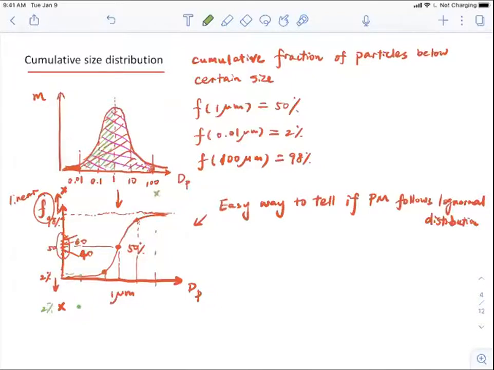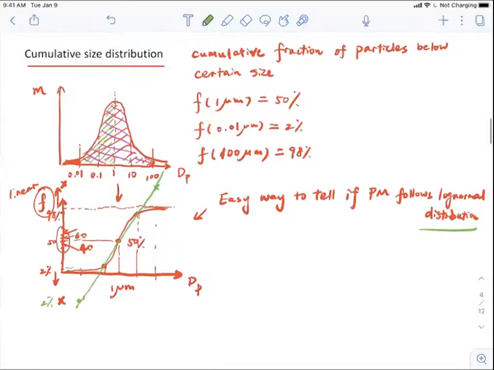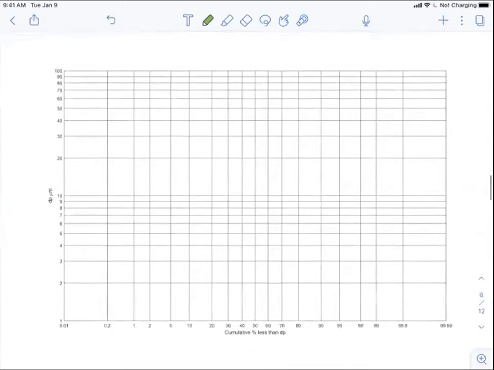So eventually, if this cumulative fraction falls on a straight line on this curve, then we can tell that it is a log normal distribution. So basically, people use this what we call the semilog plot.